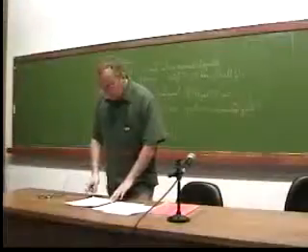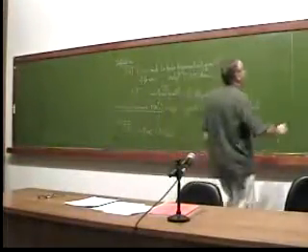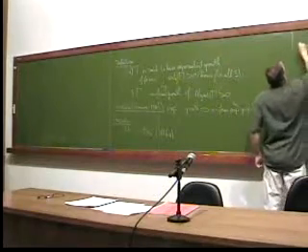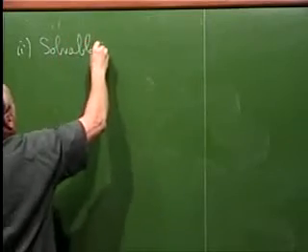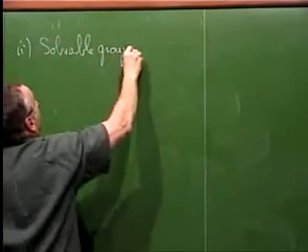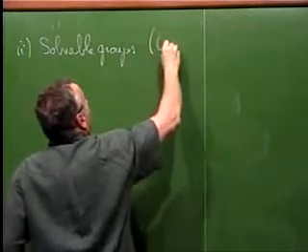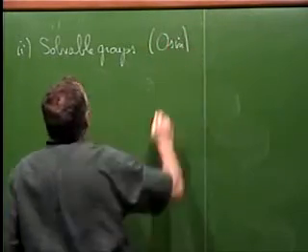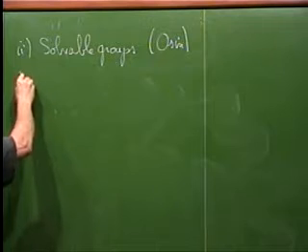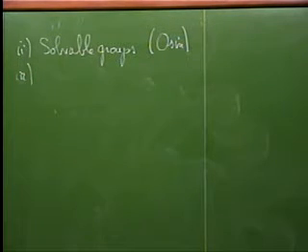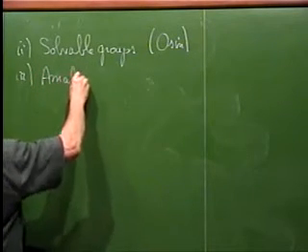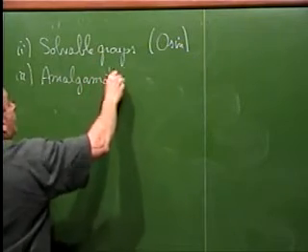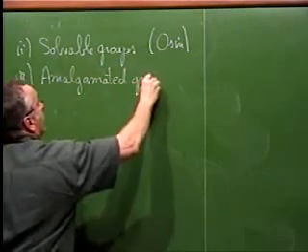So how does it start? There are the examples of solvable groups. It's a result due to Osin. Then the example that we saw yesterday, amalgamated groups.